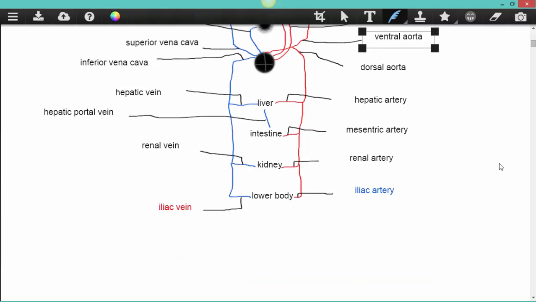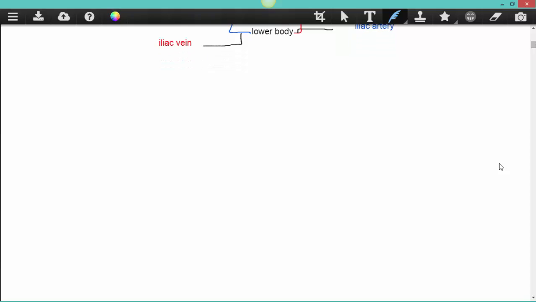So, let's do a few more diagrams to have a better understanding of the heart.